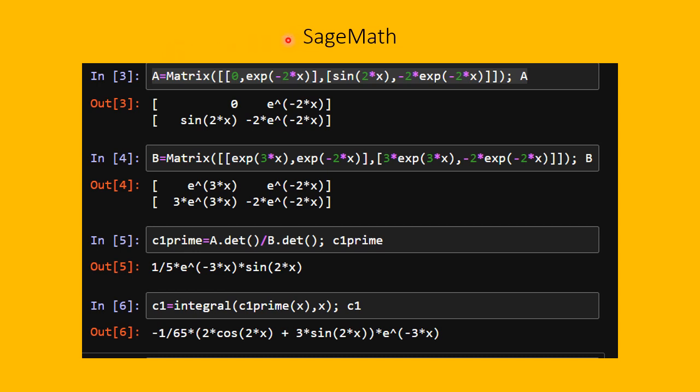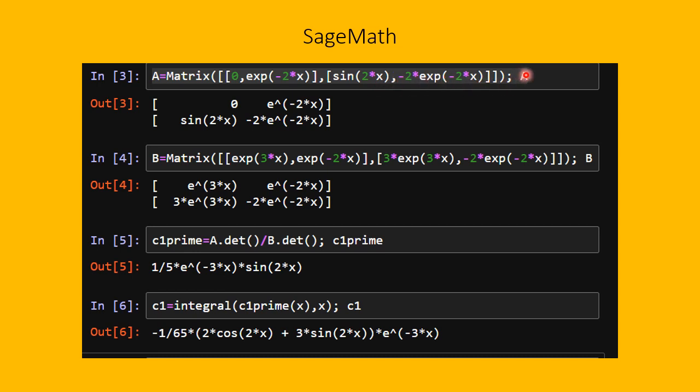Here's how we can use SageMath to do the first part of that calculation. We could define A to be the following matrix, with the first row being 0 and e to the minus 2x, the second row being sine of 2x and minus 2e to the minus 2x.